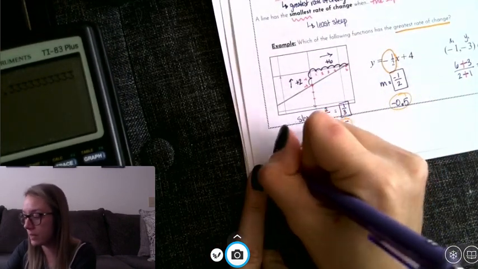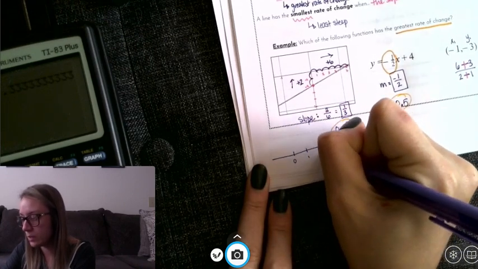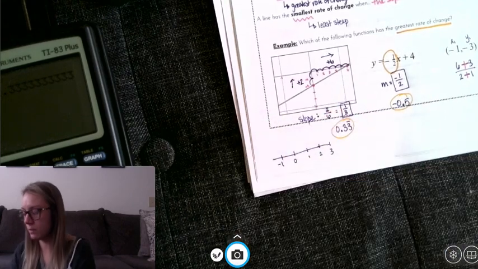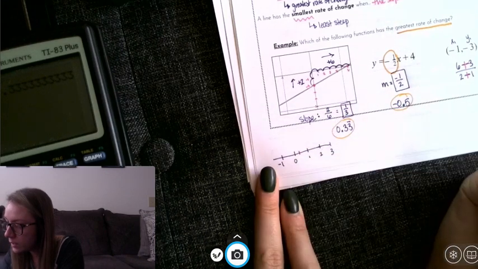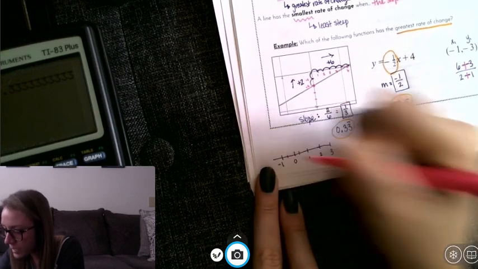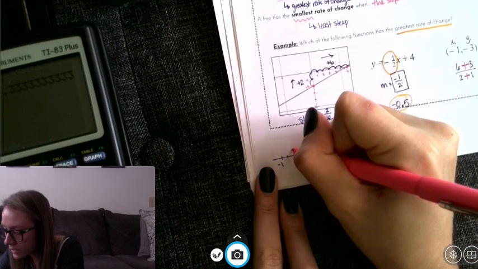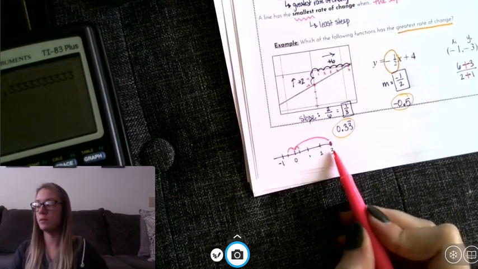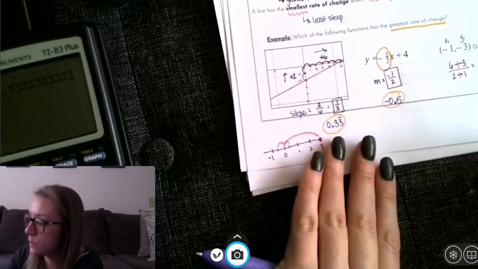So if I have a number line, and this is 0, and this is 1, this is 2, this is 3, and this is -1. 0.3 would be here, -0.5 would be here, and then 3 would be here. So if I look at the distance from 0 for all of those, +3 is the furthest from 0, and so that's going to be the greatest rate of change.